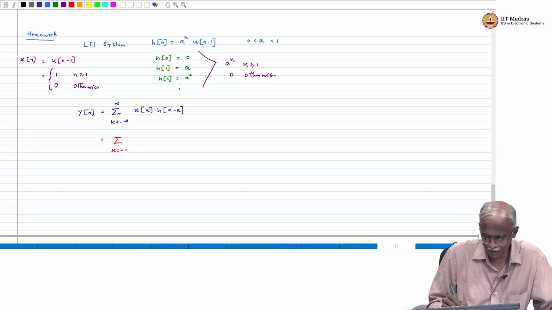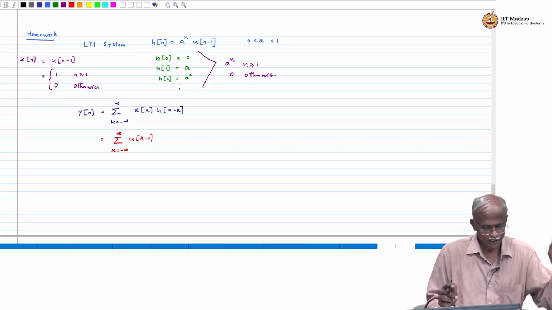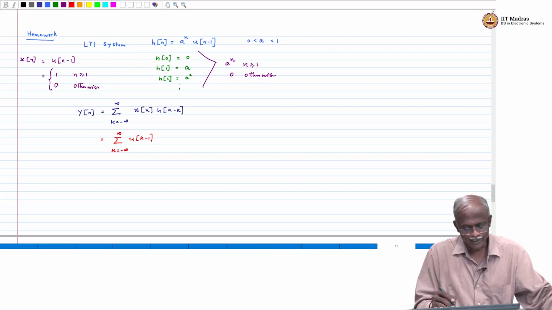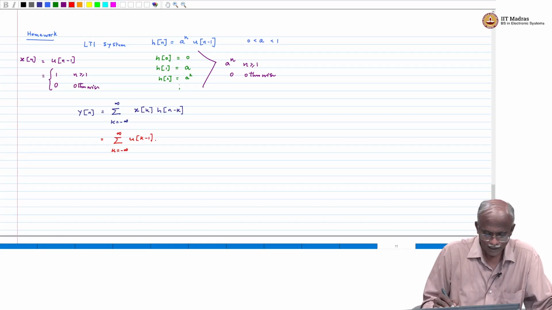Summation k equal to minus infinity to infinity. What is x of k? x of k will be u of k minus 1. That will be the expression, because x of n is u of n minus 1. This is u of k minus 1. The next term is a power n minus k u of n minus k minus 1.